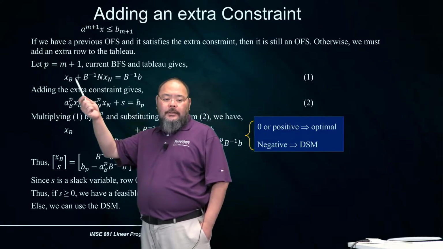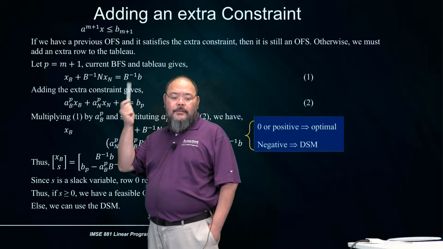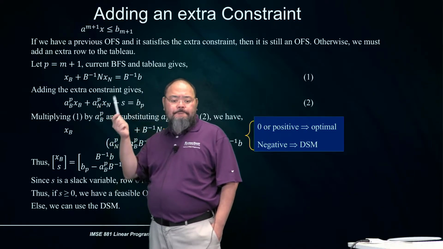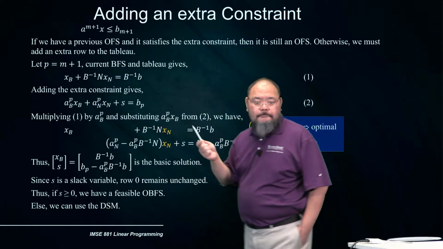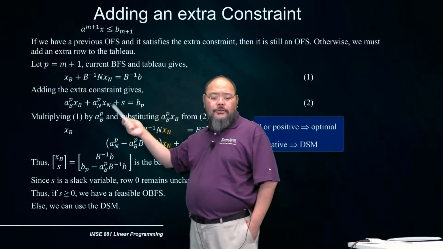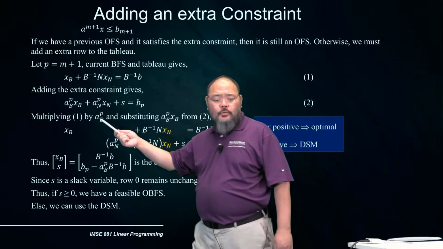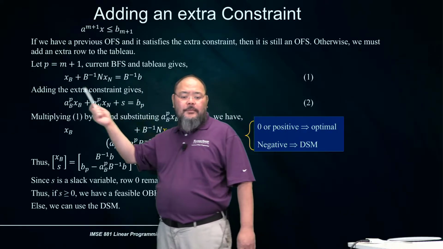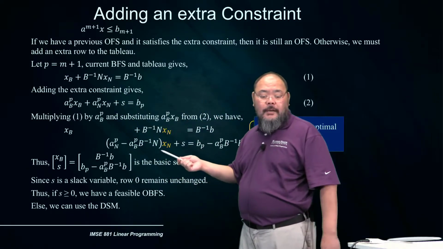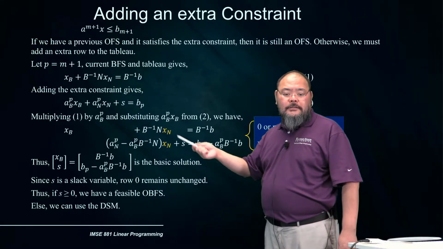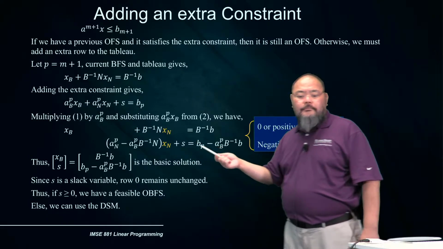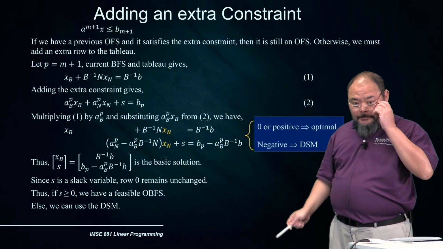So xB will equal B inverse times b minus B inverse times N times xN, and times a B p, of course. And then we plug in xB, replaced by B inverse times b minus B inverse times N times xN times a B p, for example. Then we only collect the xN term, plus the slack variable, and the right-hand side also changes.